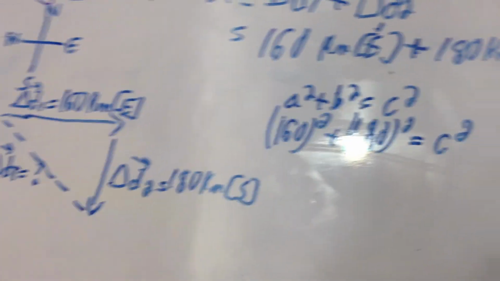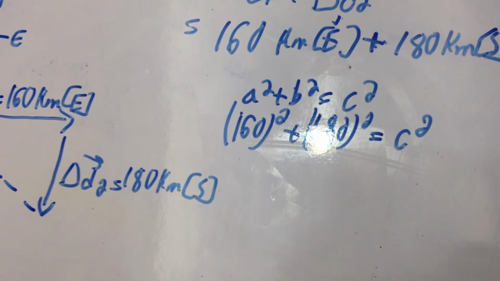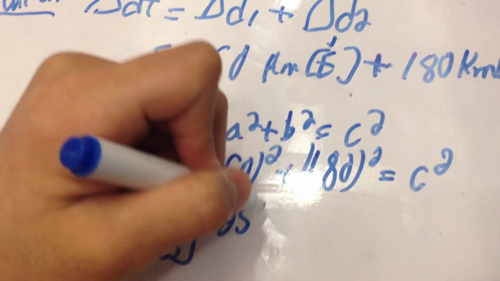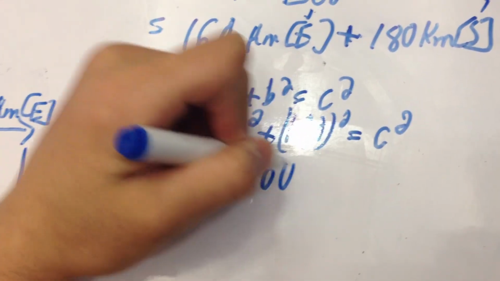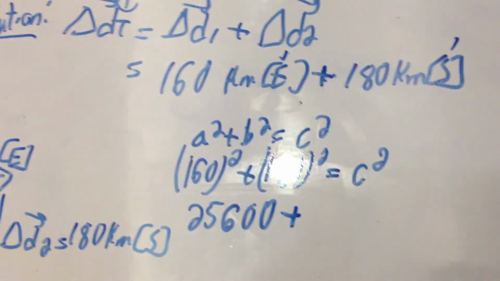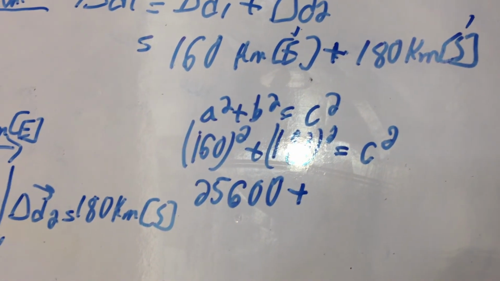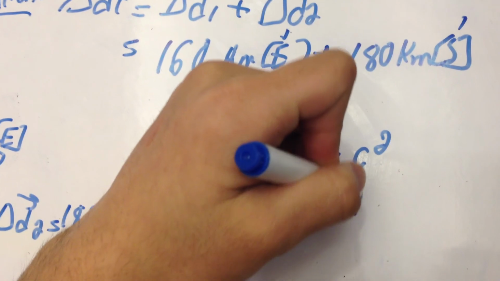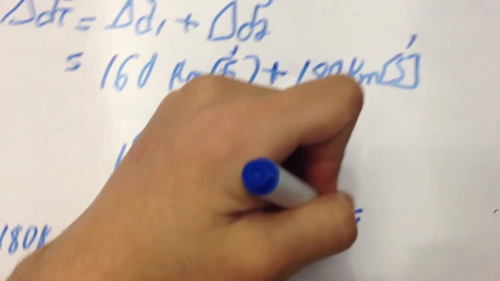Now we calculate this. 160 squared gives us 25,600, plus 180 squared, which gives us 32,400, and this equals c squared.